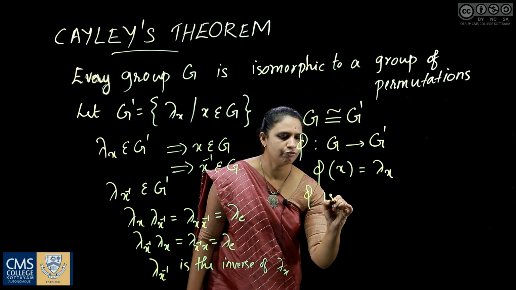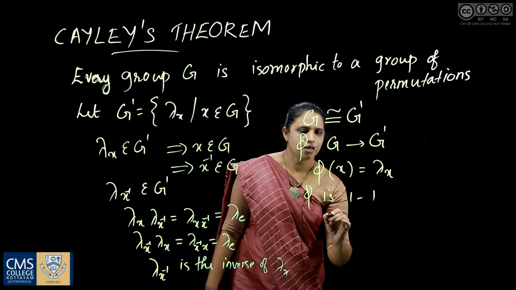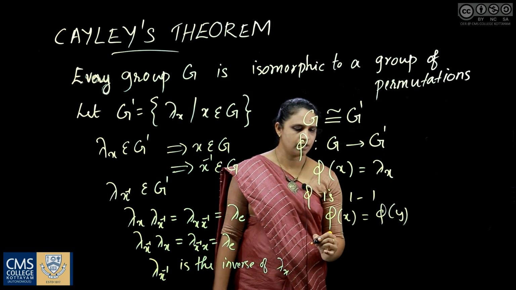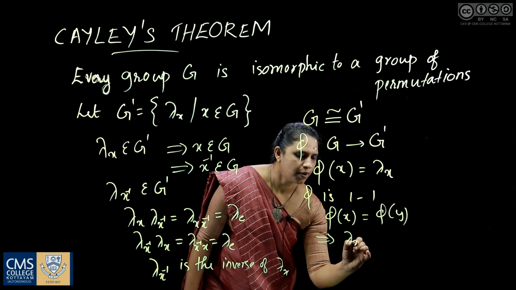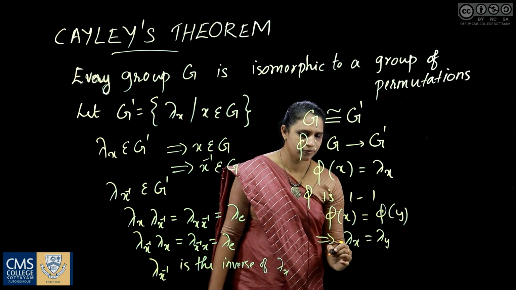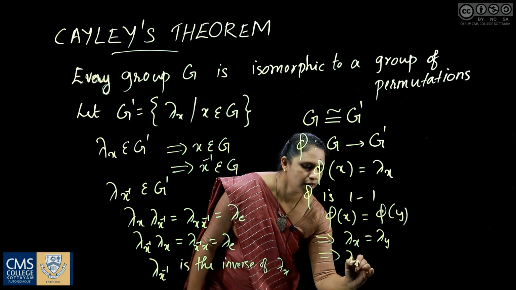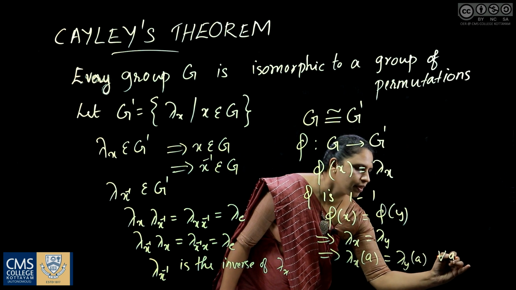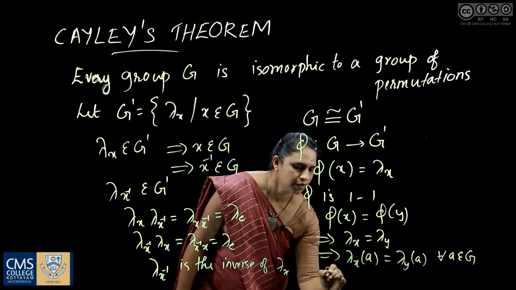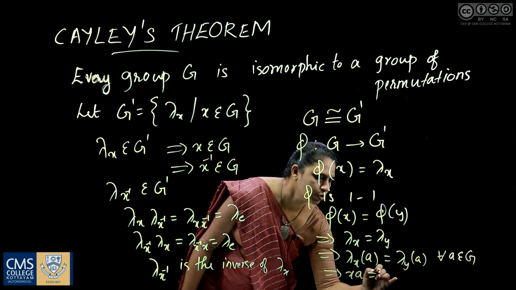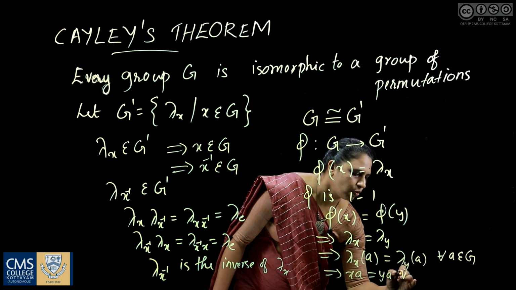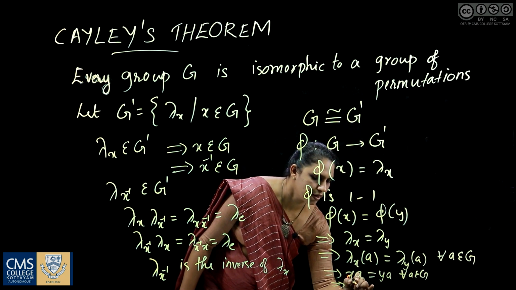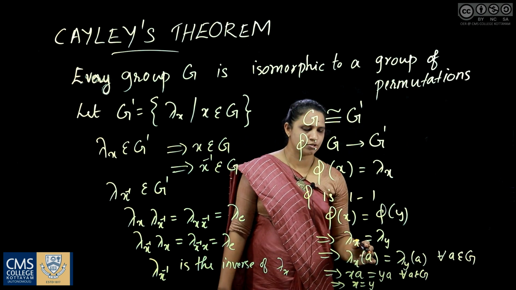So, first we prove that phi is 1-1. Consider phi of x equal to phi of y. This implies λx equal to λy. This means that λx of A equal to λy of A for all A belonging to the group G. This implies x into A equal to y into A for all A belonging to G. This means x equals y by the right cancellation law.